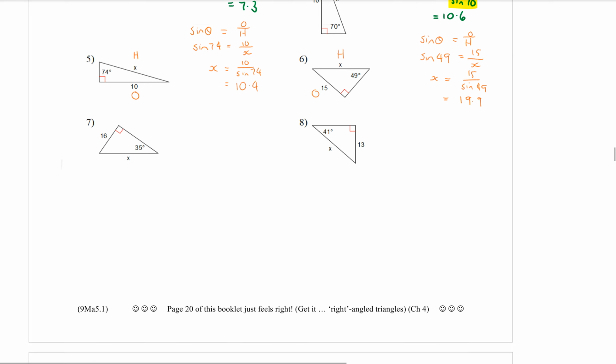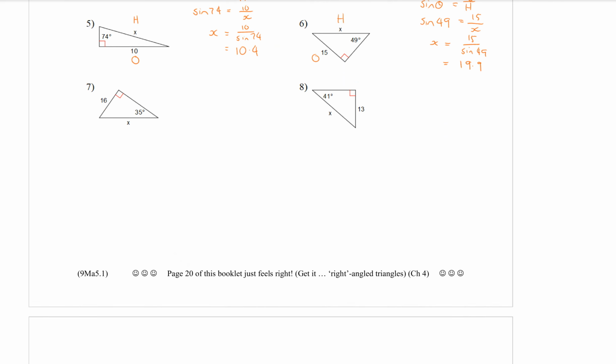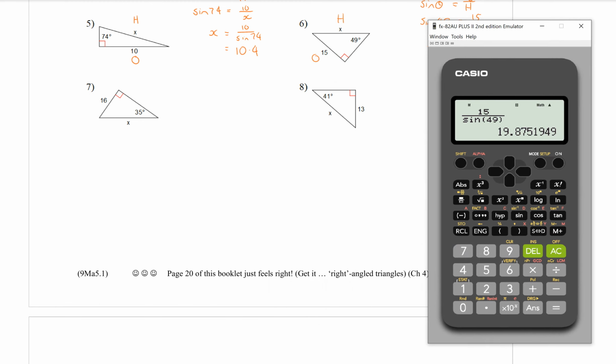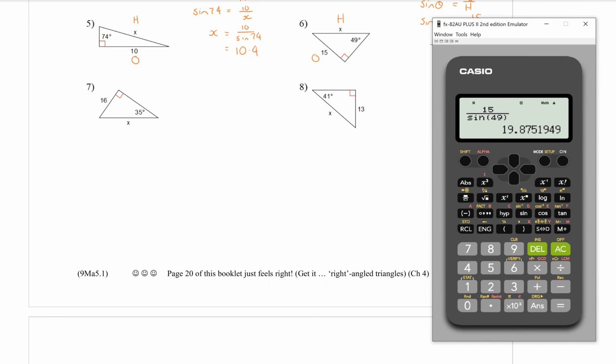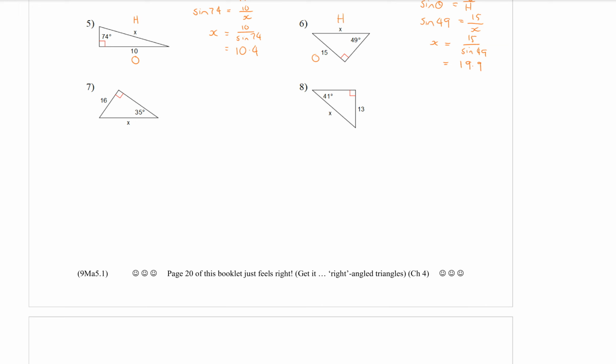All right, 2 more down here to do at the bottom. You could pause the video and try these ones if you like, to see if you're doing it correctly. So for question 7, we've got hypotenuse here and opposite there. Write down the formula. Sine theta equals opposite over hypotenuse. Sub in.